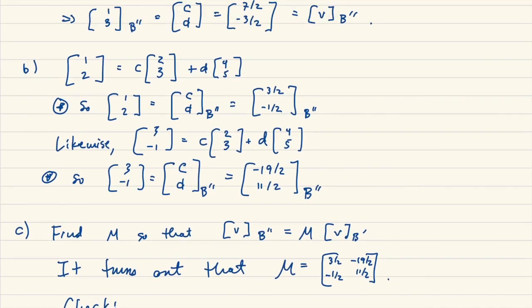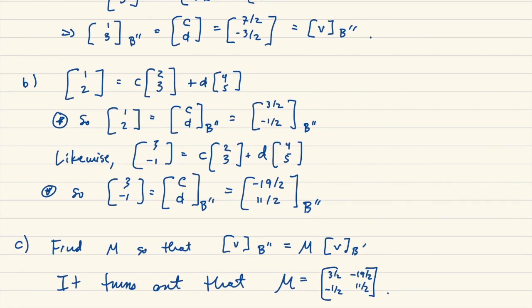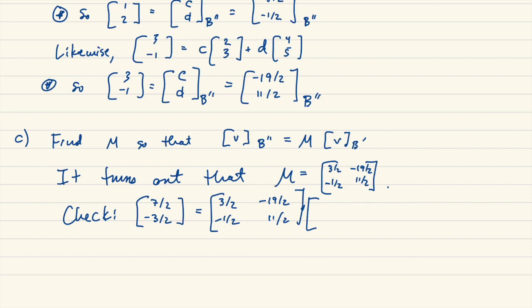We can check, and I would encourage you to check, that this really does happen. If I take V with respect to B double prime, so that was 7/2, negative 3/2, that really will be equal to M, which is 3 halves, negative 1 half, negative 19 halves, 11 halves, times V with respect to B prime, which was 10 over 7, negative 1 over 7.